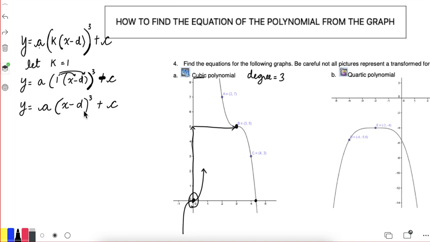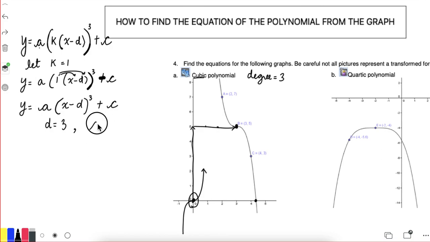That's what d is. We are moving to the right by 1, 2 and then 3 units. So d here is 3, because it's a horizontal translation. We are shifting the graph to the right by 3 units, so d is positive 3.